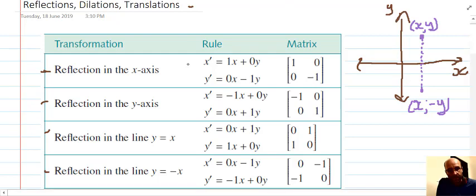Now notice as equations we can see that process here. So x dash is the image of what was originally this part of the point, and you can see that the x value is unaltered and the y value is not relevant to the x value, so it has a coefficient of 0.